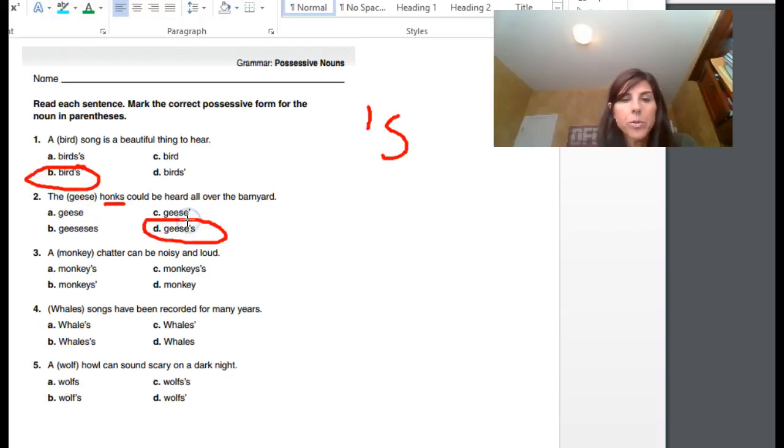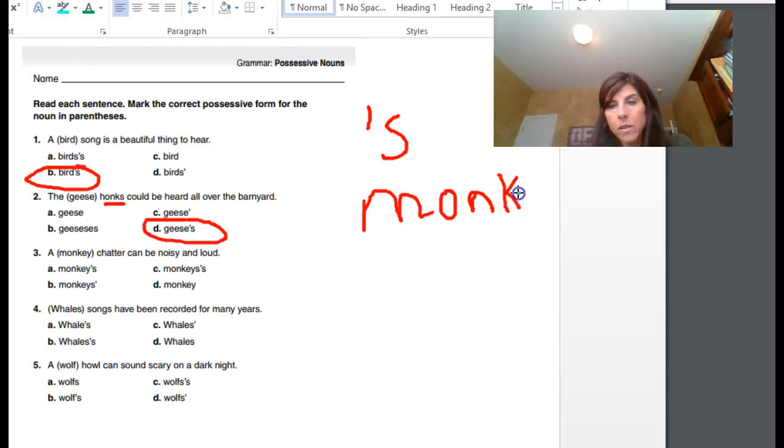If it's plural with an s, such as monkeys, so let's write this. If we wanted to say something belongs to monkeys, let's say the monkeys' screams. The screams belong to more than one monkey.